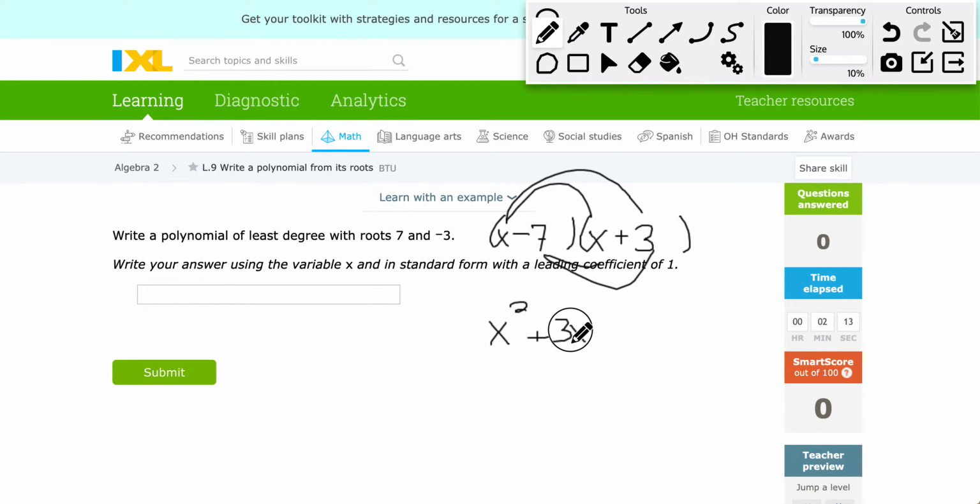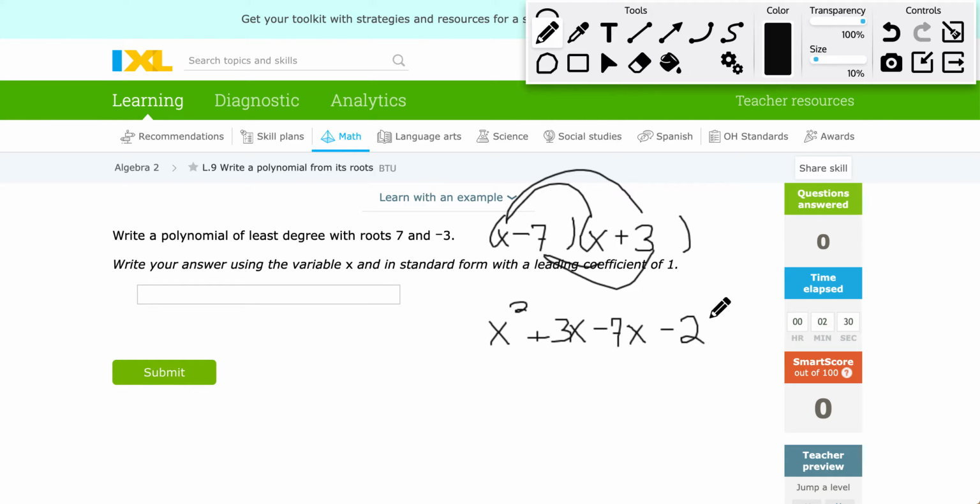And then if I scoot over to the -7 and do that multiplication, I'm going to have -7x underneath there. And then I'm going to have a -7 times 3 as well for -21.